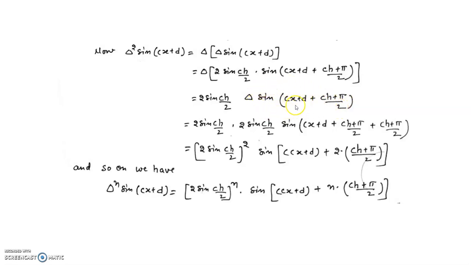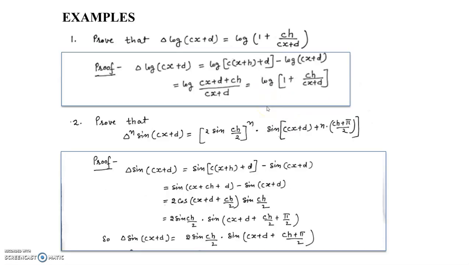To find delta of this whole term, we'll again use this result. If we are finding delta of sin(cx + d), then we are getting this term ch + pi/2 in addition. If we are finding delta of sin(theta), then we are getting sin(theta) plus this additional term.